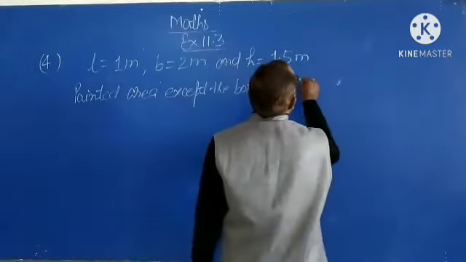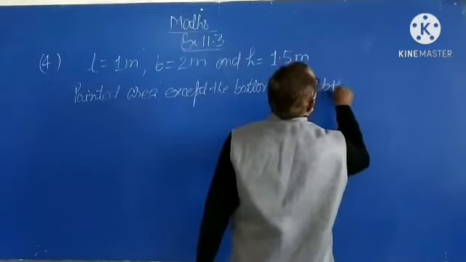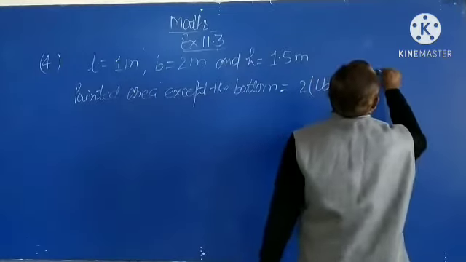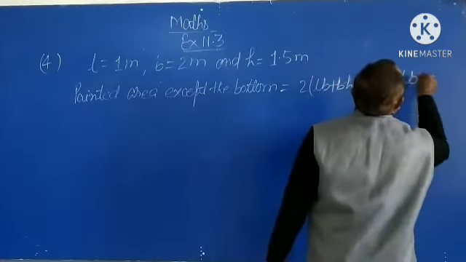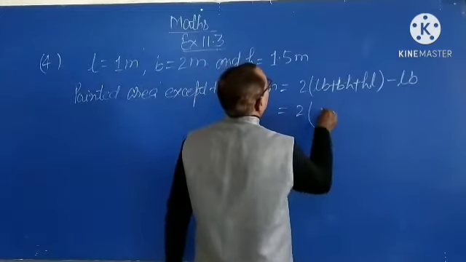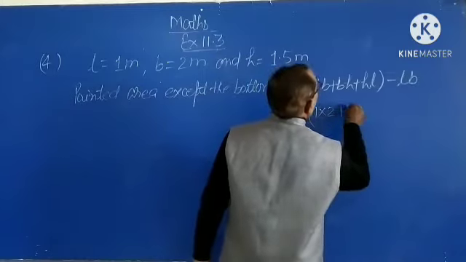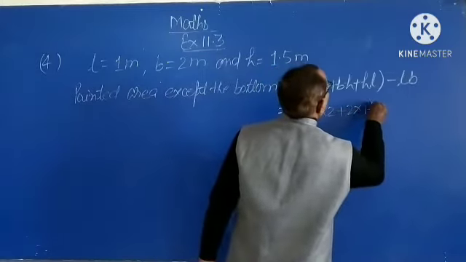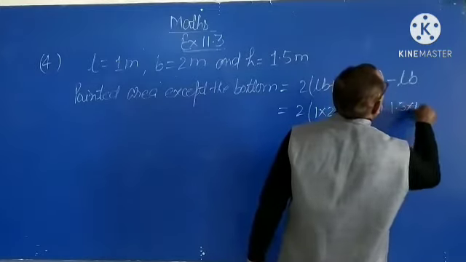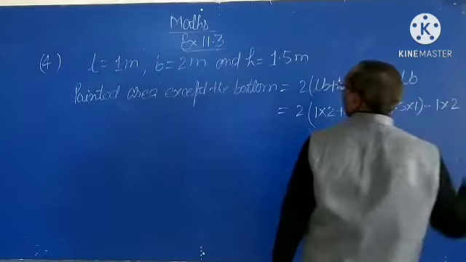Painted area except the bottom is equal to 2 into bracket LB plus BH plus HL minus LB. You get 2 into bracket 1 into 2 plus 2 into 1.5 plus 1.5 into 1 minus 1 into 2.